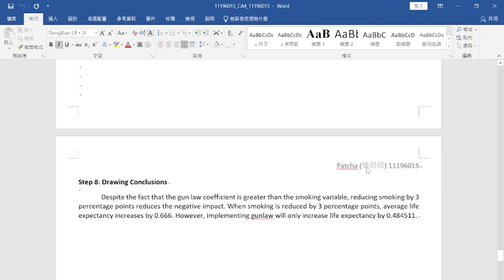When smoking is reduced by 3 percentage points, average life expectancy increases by 0.66. However, implementing the gun law will only increase life expectancy by 0.484. Another reason is that the gun law is a dummy variable.